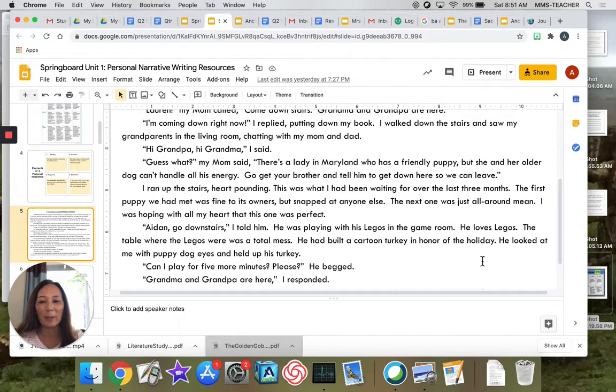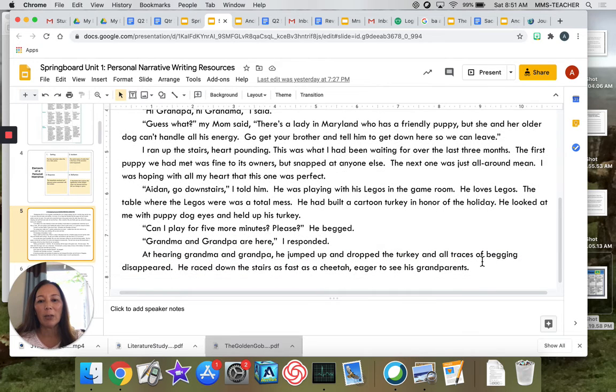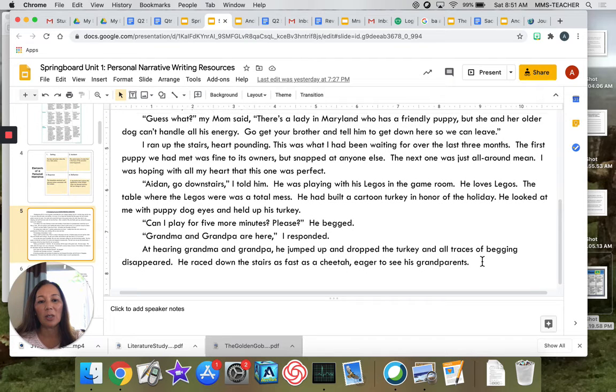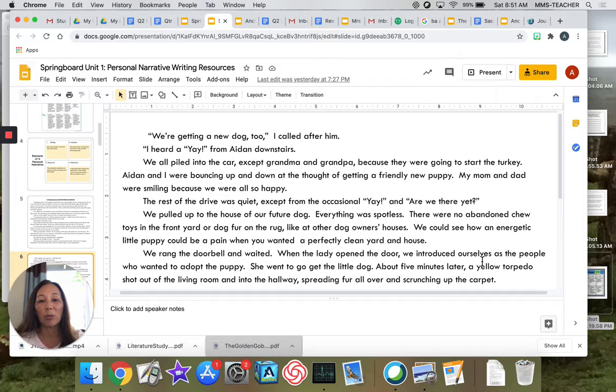Please," he begged. "Grandma and Grandpa are here," I responded. At hearing Grandpa and Grandma, he jumped up and dropped the turkey, and all traces of begging disappeared. He raced down the stairs as fast as a cheetah, eager to see his grandparents. "We're getting a new dog too," I called after him. I heard a "yay" from Aiden downstairs.